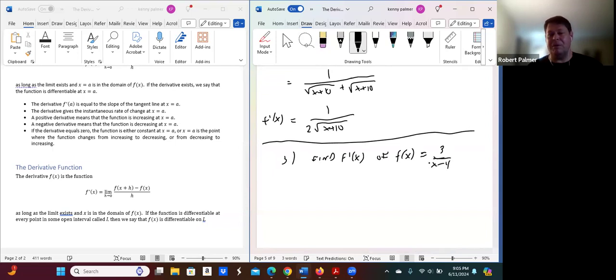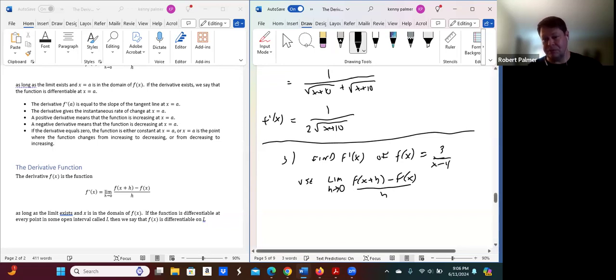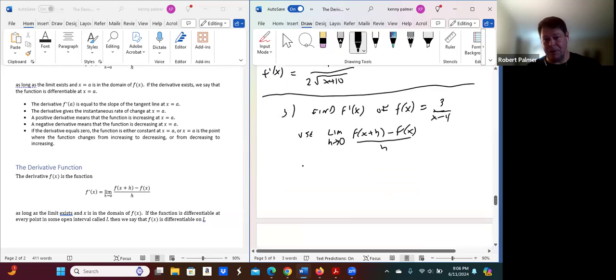Okay, that's my function. All right, so once again, we use the limit as h goes to 0 of, I think, f of x plus h minus f of x over h. Okay, so let's just plug everything in.